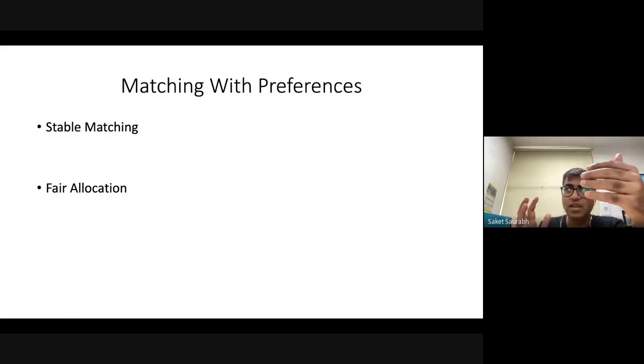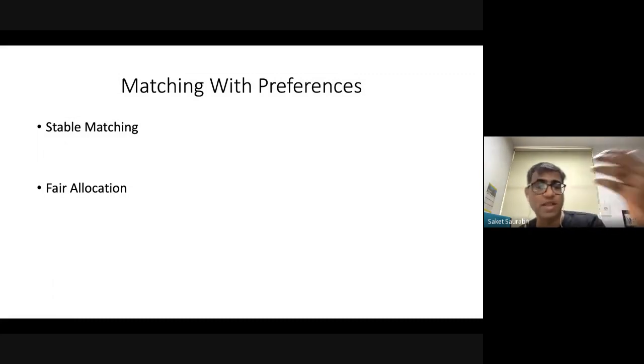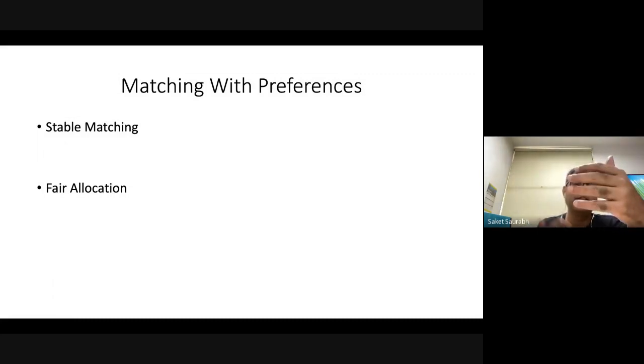But when you start putting preferences, it is not clear why such a matching should exist, and even if it exists, why a particular matching is better than the previous one, or what the notion of a good matching is. So we will explore these aspects of matching.